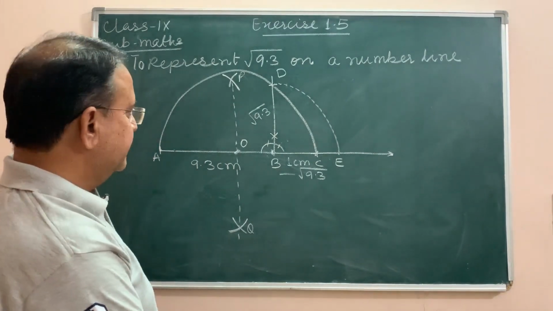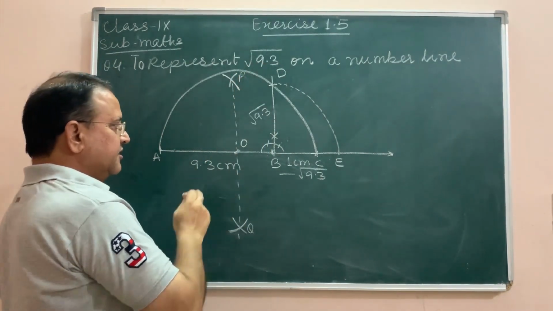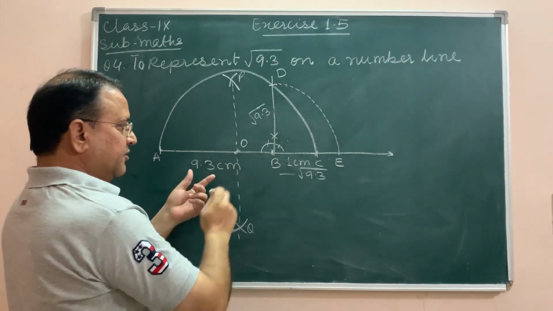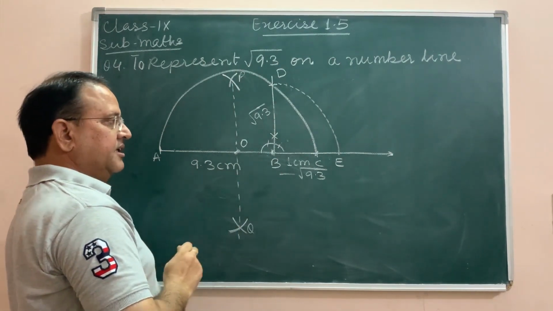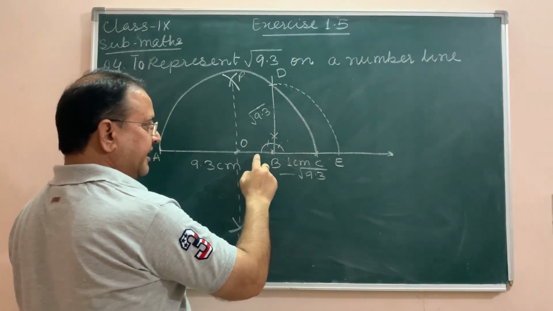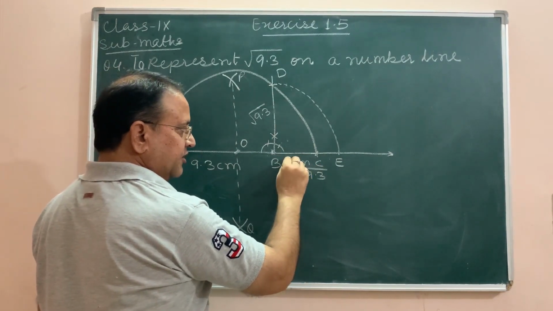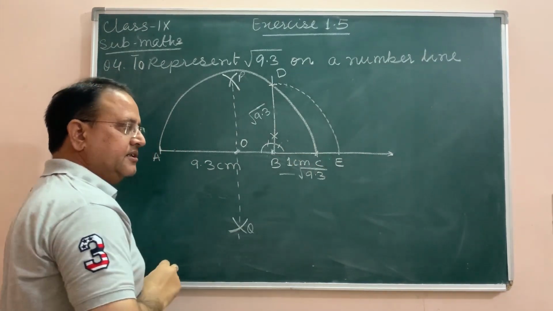Once again you can see, we have to represent square root 9.3 on the number line. So we have to take length AB is equal to 9.3. Then we will extend this line AB up to point C, where length of BC is equal to 1 centimeter.